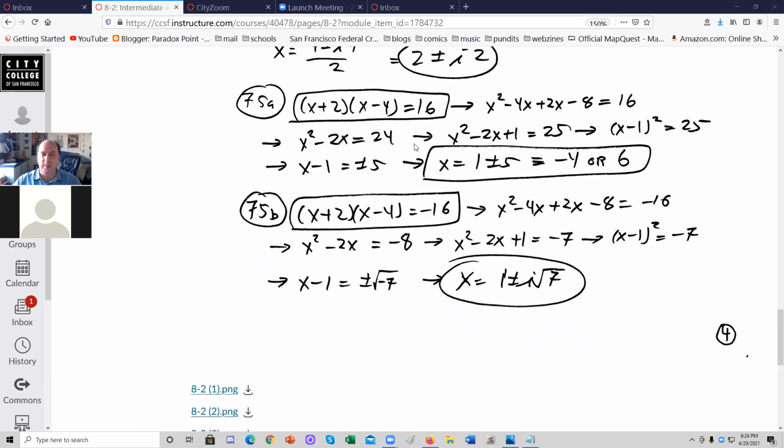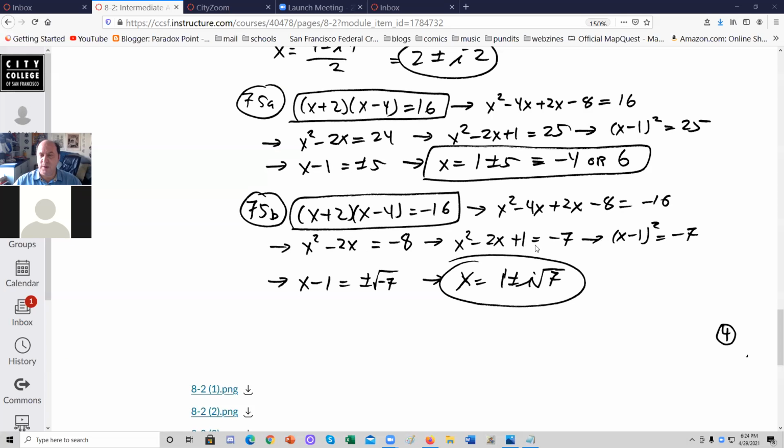Almost the same problem, only instead of a positive 16, we have a negative 16. As before, we expand this. x squared minus 4x plus 2x minus 8 equals negative 16. Add 8 to both sides, combine negative 4x plus 2x. x squared minus 2x is negative 8. We complete the square on the left by adding 1 to both sides. x squared minus 2x plus 1 equals negative 8 plus 1, which is negative 7.